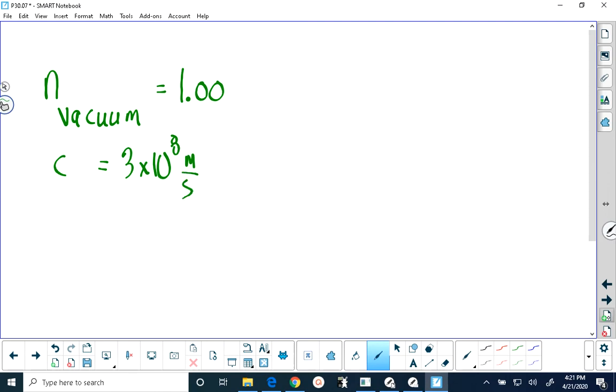One other thing I want to talk about here is that N of light in air and the speed of light in air are so close to being these numbers that we use them anyway.